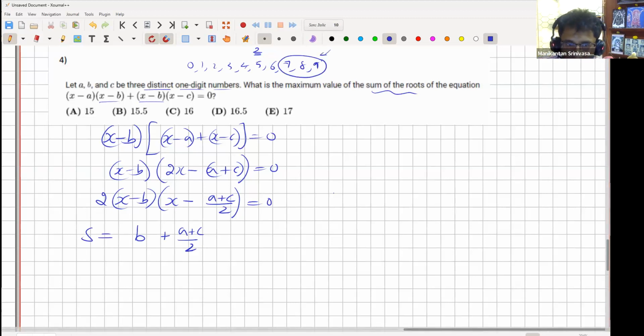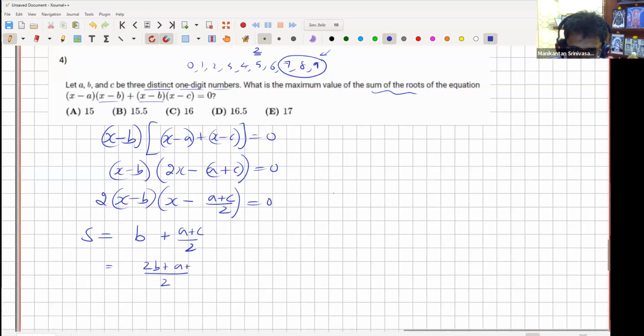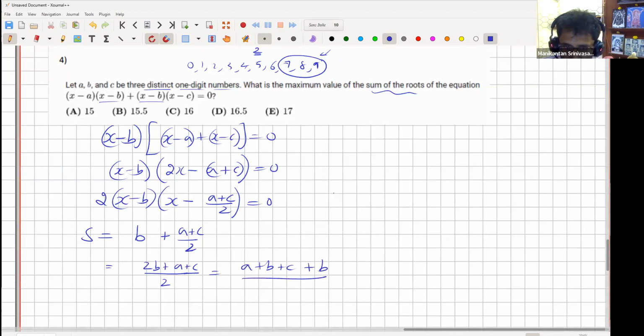But how do we allocate b plus (a plus c) by 2? Our hunch is leaning to give a bigger weight to B, but let's actually formally do that. This is (2b plus a plus c) by 2. I can write this as a plus b plus c plus additional b by 2.